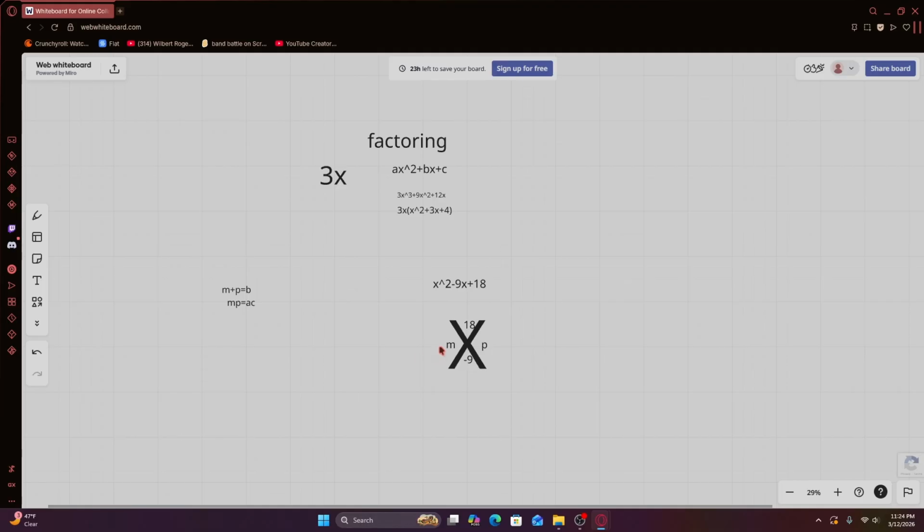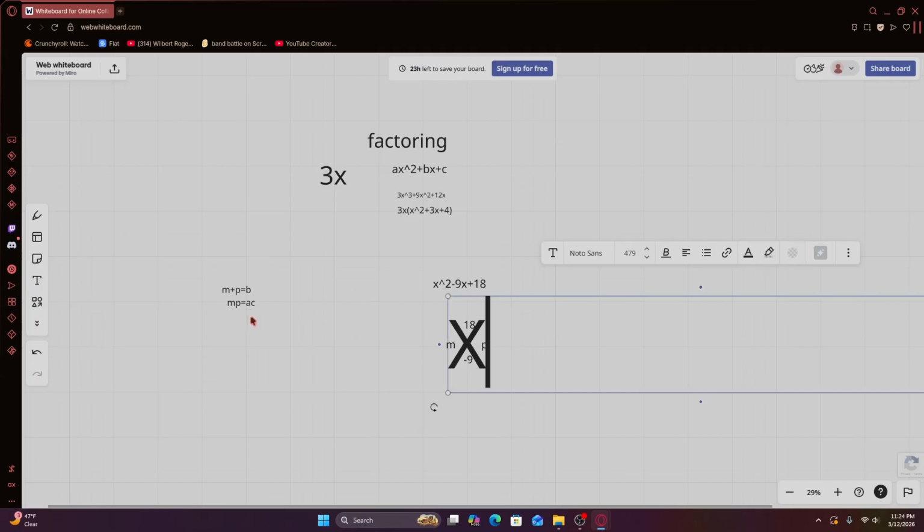If it were vice versa, then the smaller number would be negative and the larger number positive.